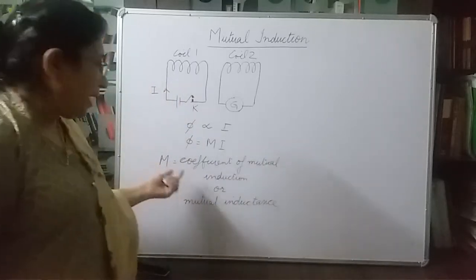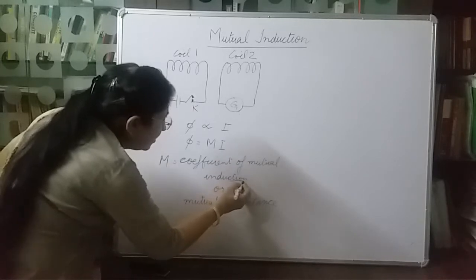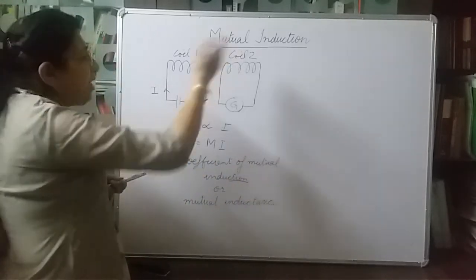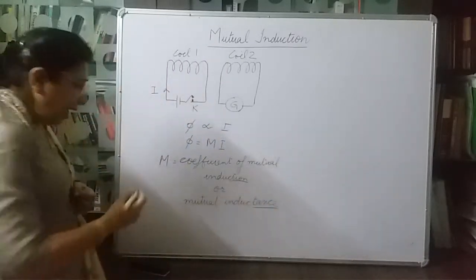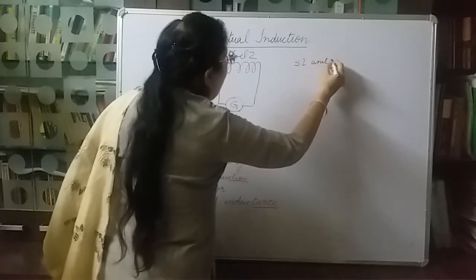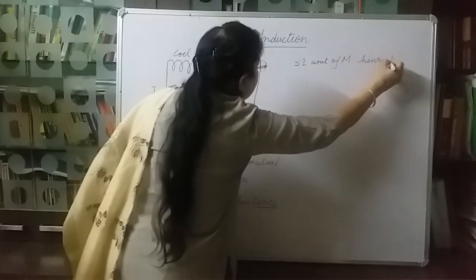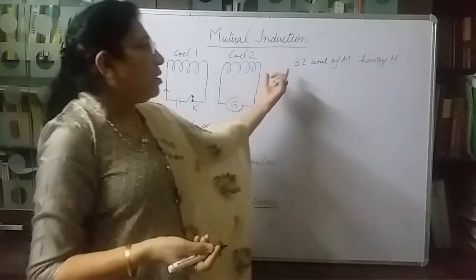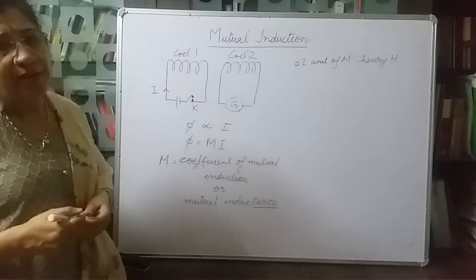Just note this is the coefficient of mutual induction. The name of the phenomenon is mutual induction. And the SI unit of M is Henry. As we had discussed in self-inductance, similarly here also the coefficient of mutual induction has the SI unit Henry.